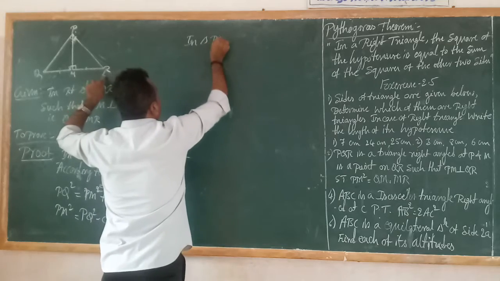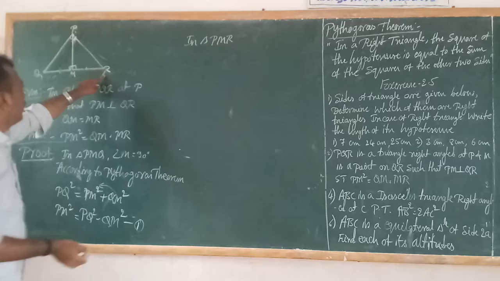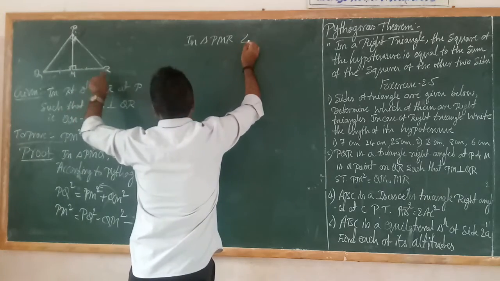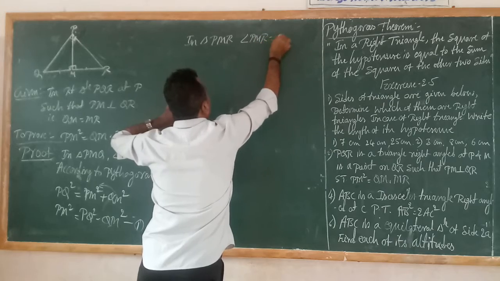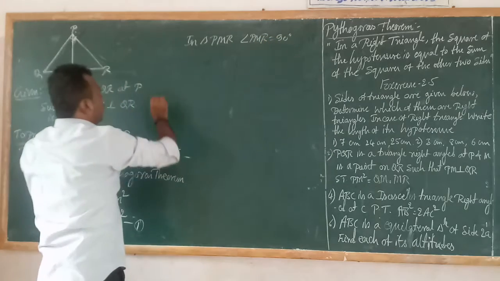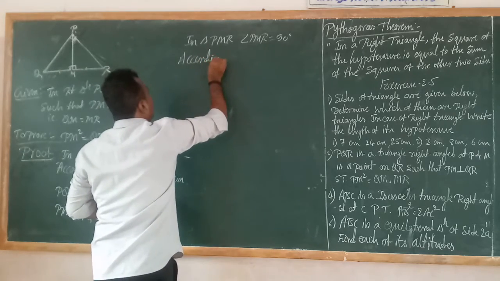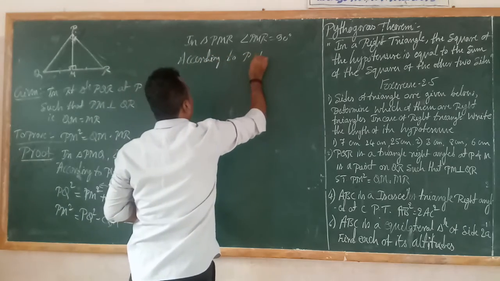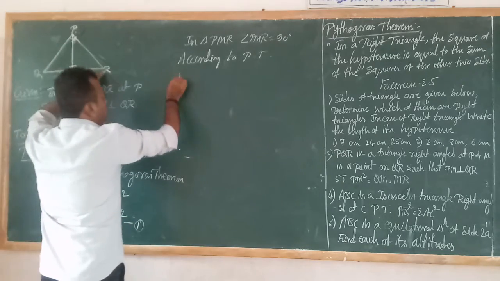PMR. In triangle PMR, angle PMR is 90 degrees, correct? Therefore, again according to the Pythagoras theorem, the hypotenuse is PR.